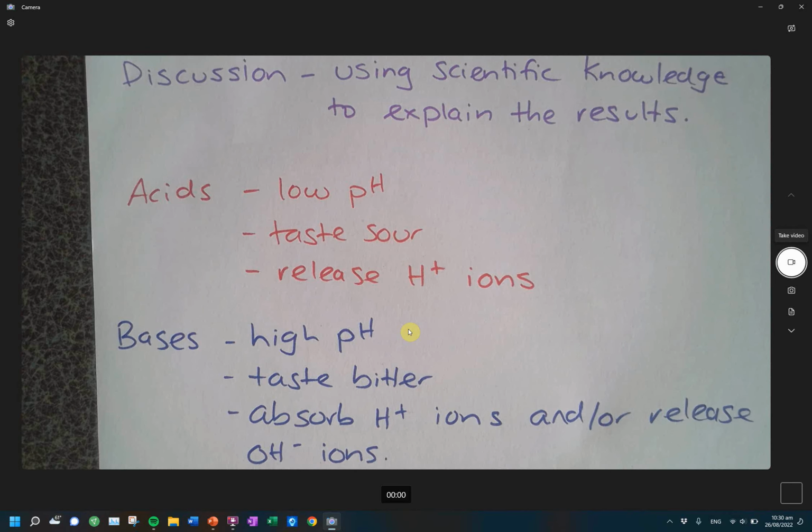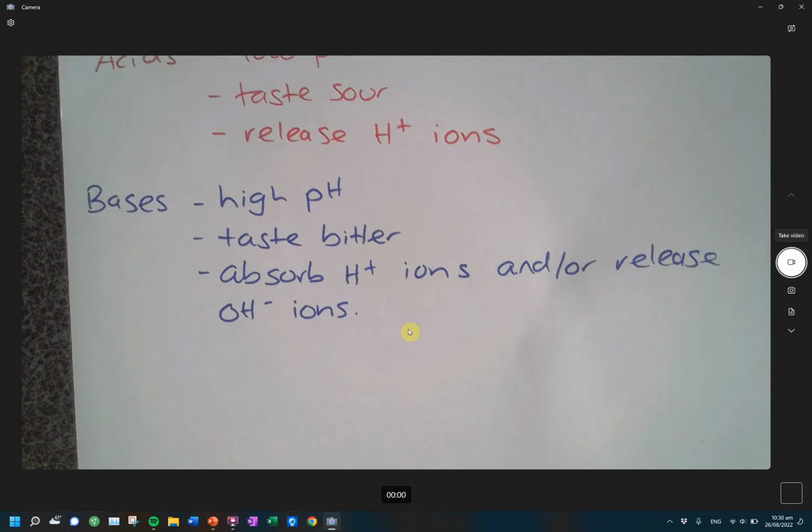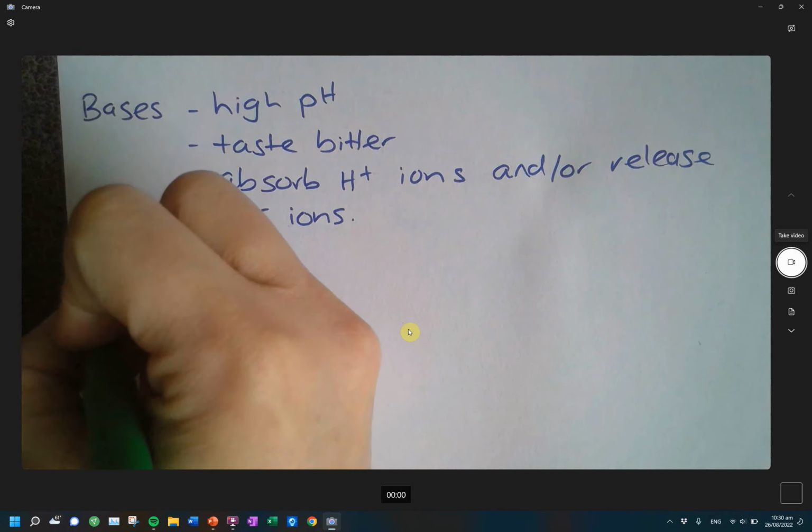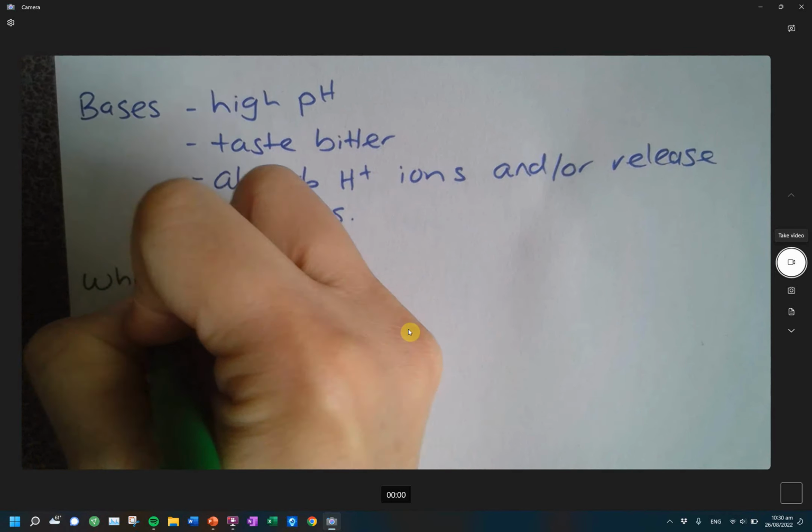Alright, so when we mix an acid and base together, they neutralize. They cancel each other out.